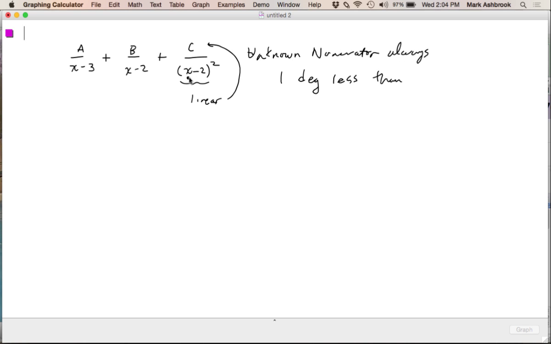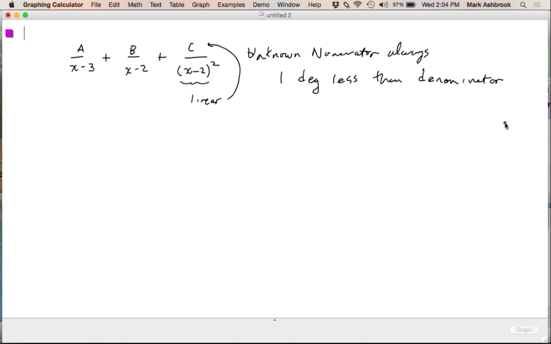And if you have a linear term squared or cubed or to the fourth, it's still considered a linear term. That's why we still just put C. So that's the rule for it.